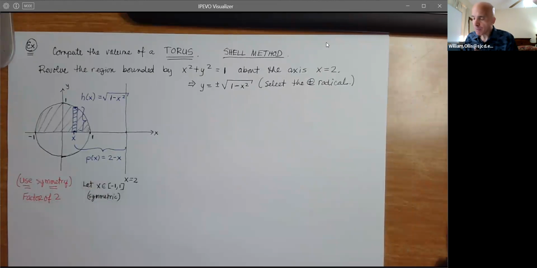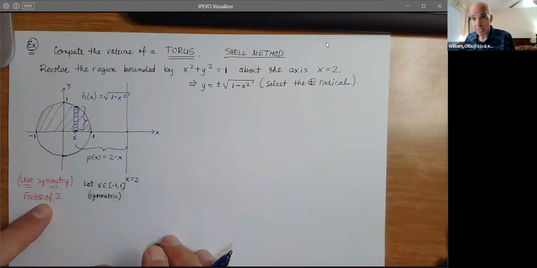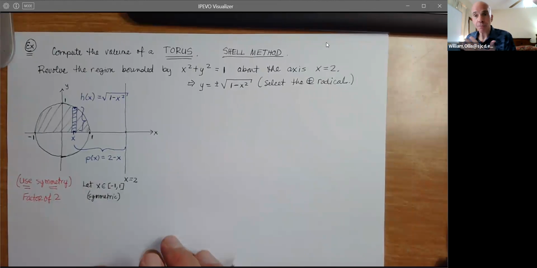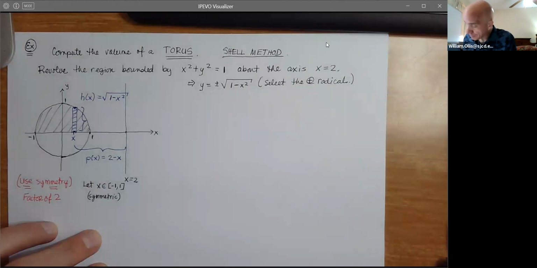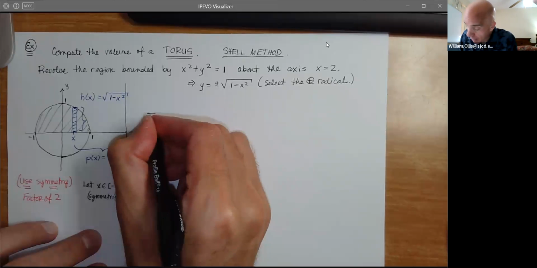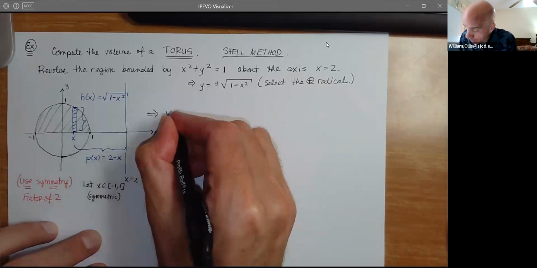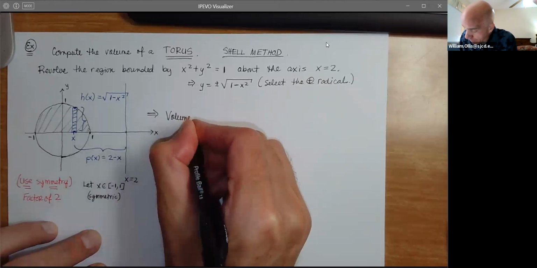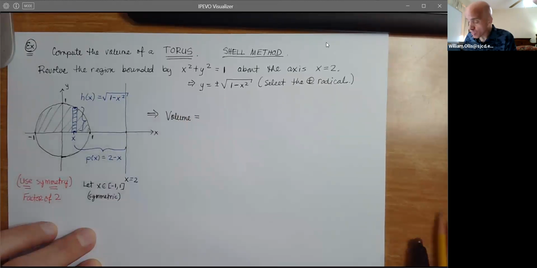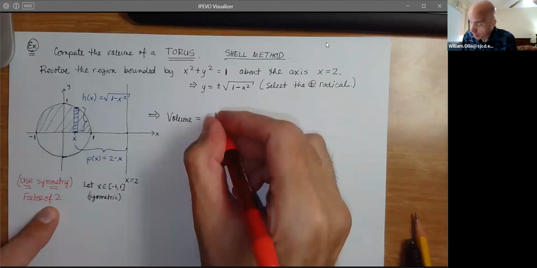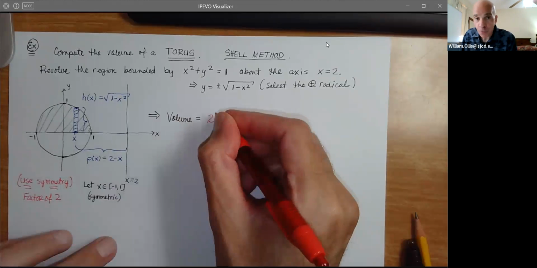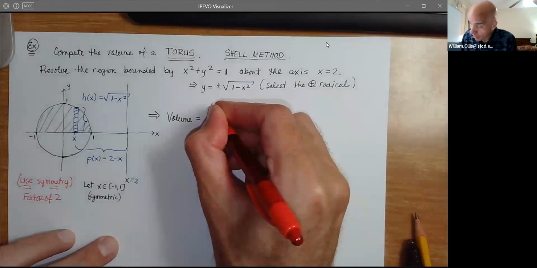So we have everything that we need. We've got the symmetry here, so we're going to need the factor of 2, and we have the symmetric interval of integration, so we're being hopeful that we're going to be able to use that. So now, this implies that the volume, first I'm going to use my 2 here. Put the 2 in a different color and just say symmetry.